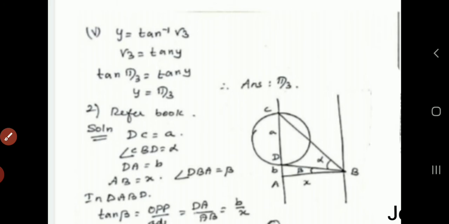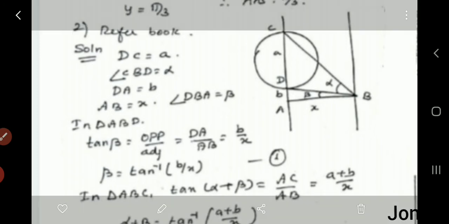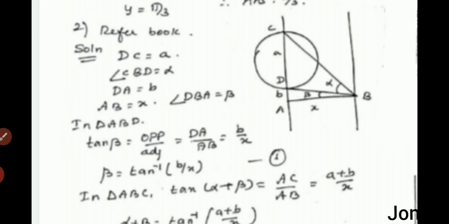Second problem in this exercise: a man standing opposite to one side of a road of width x meter. Here the road has both sides. Here a man is standing opposite to the side of width x meter, and views a circular signal of the road.